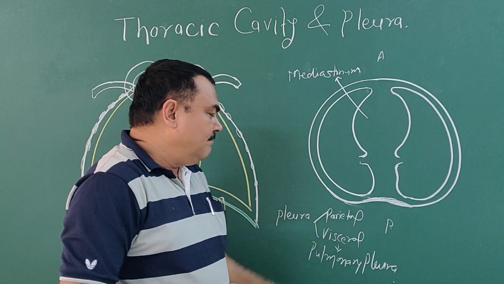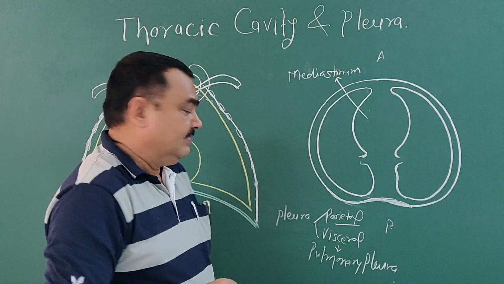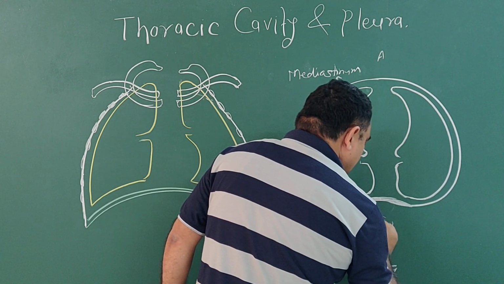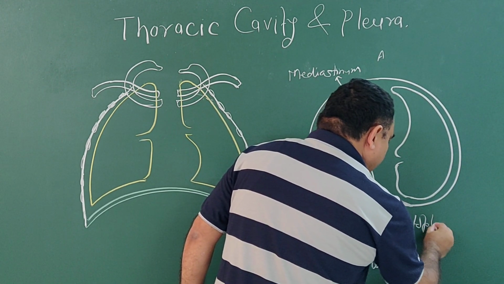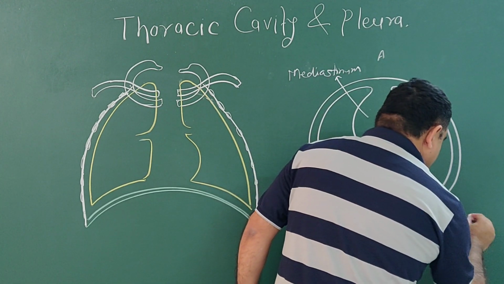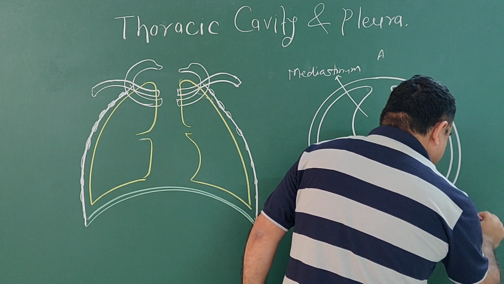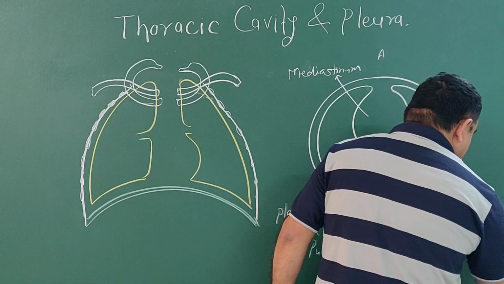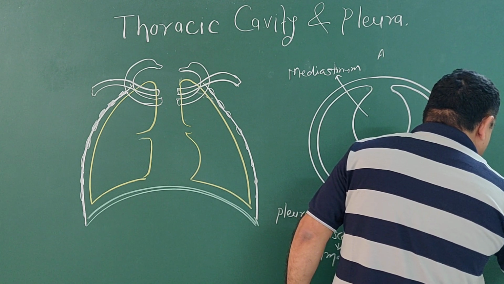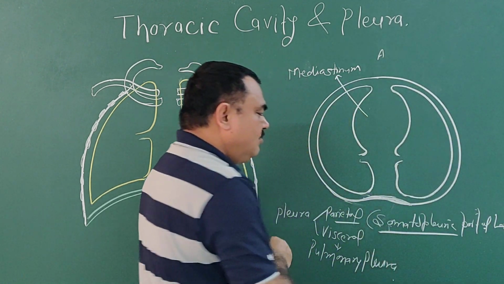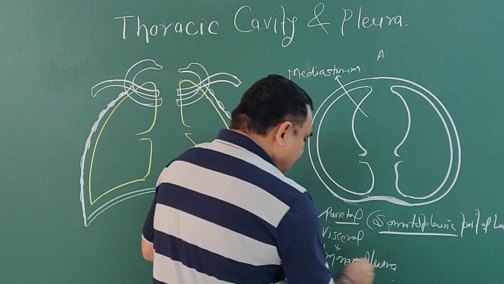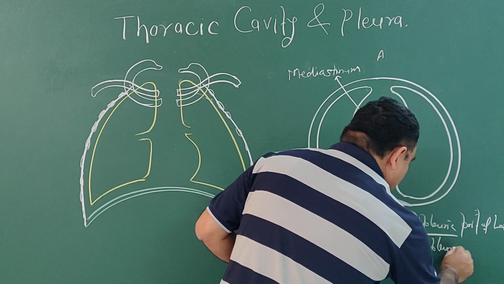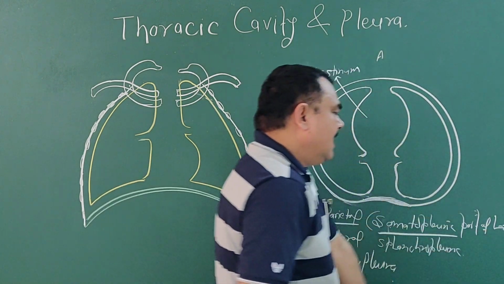Developmentally, the parietal pleura develops from the somatopleuric part of the lateral plate mesoderm. And the visceral develops from the splanchnopleuric part of the lateral plate mesoderm.